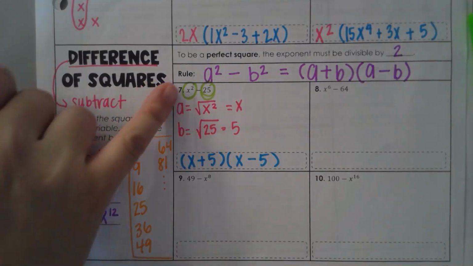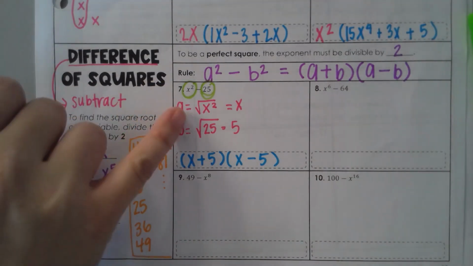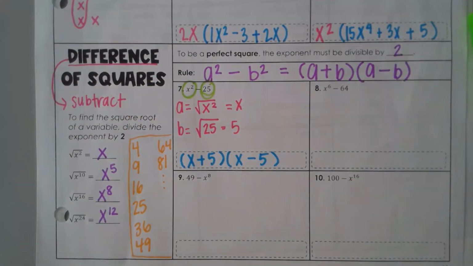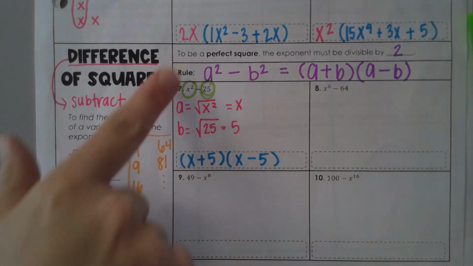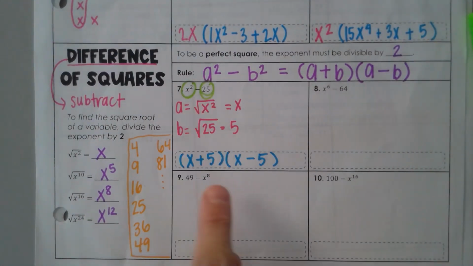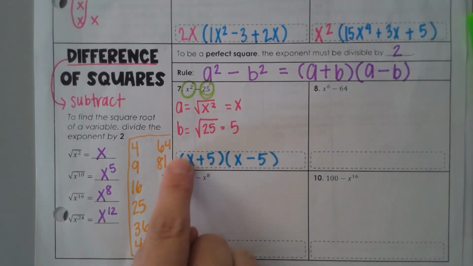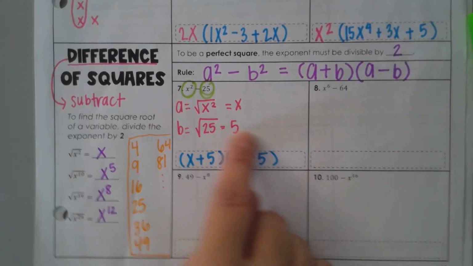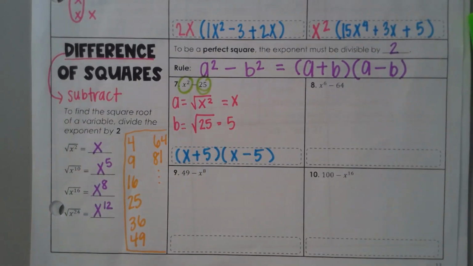Kind of like if I told you you have the number 21, that's the number 21, but you could also write it as 7 times 3. That's essentially what we have here. This x squared minus 25 is the same thing as x plus 5, x minus 5, just written a little bit different. Okay. All right.